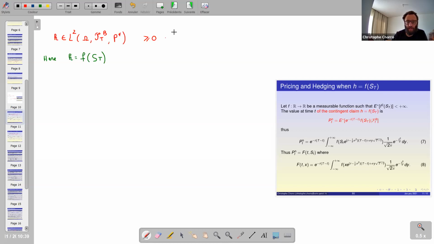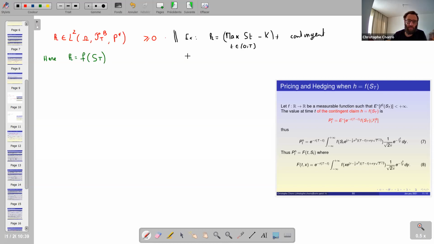Let me remind that in the original definition of a contingent claim, I can have, for example, the maximum of S_t minus K plus for t belonging to 0 capital T. This is a contingent claim in the sense of my definition, but it doesn't have this form because it depends on the whole trajectory of the risky asset.